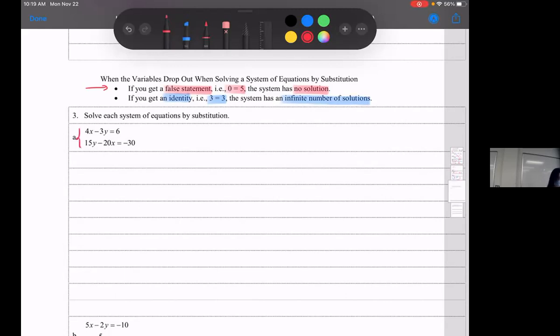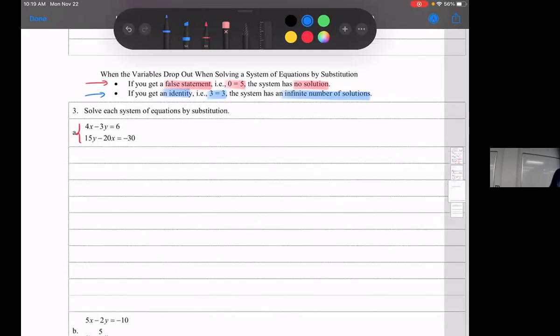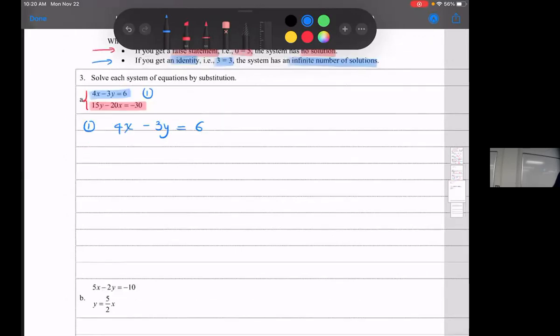Right, so let's solve for this. I'm going to solve for y in the first one because the numbers are smaller. Equation number 1, let me rewrite it: 4x minus 3y equals 6. Subtract 4x from both sides, I'll do it slowly.